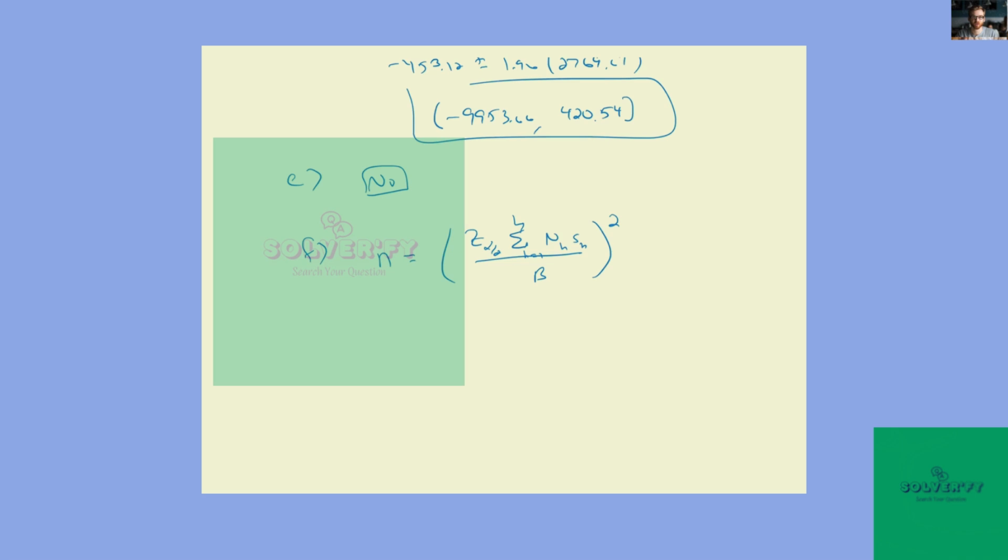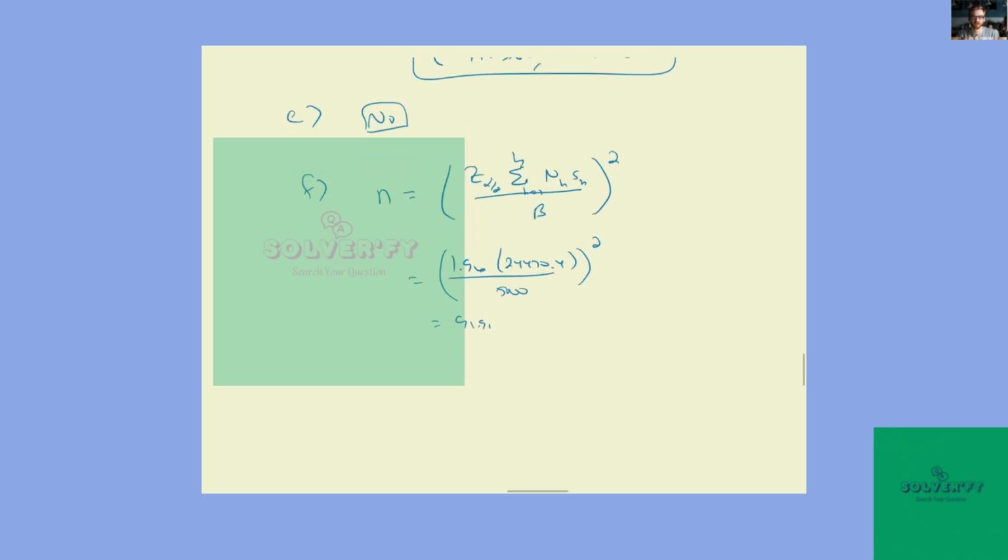And this becomes 1.96 times the sum, which is 24,470.4, over 5,000 squared, and that's about 91.91, so n would be 92.